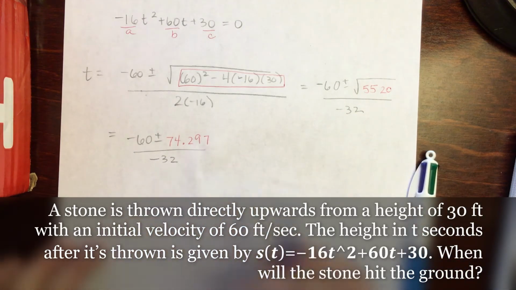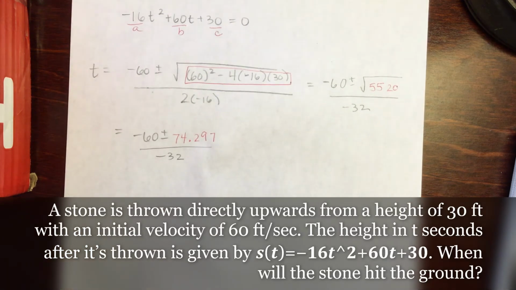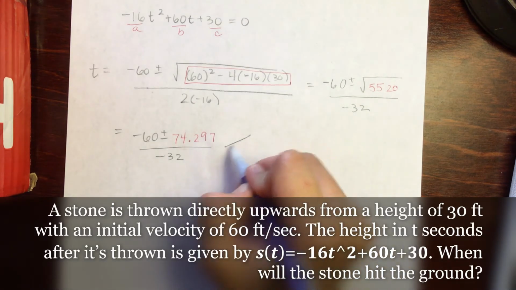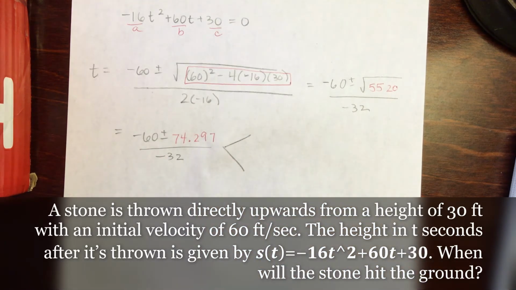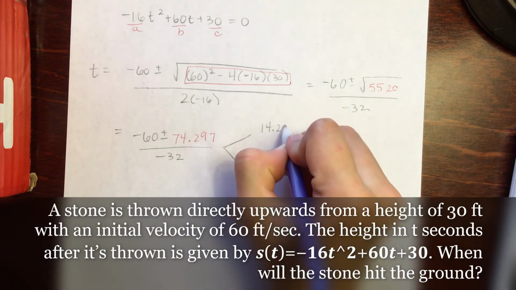Over negative 32. Okay, so now I just have numbers, which means that I want to add across the top and subtract across the top and then divide by negative 32 to figure out what my 2 answers are. So if I did negative 60 plus 74.297, I would get 14.297.